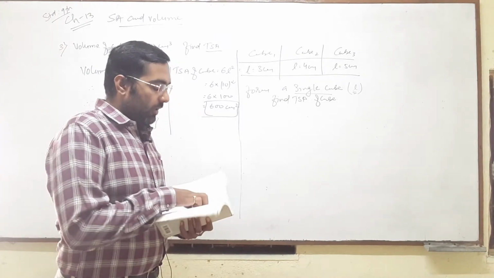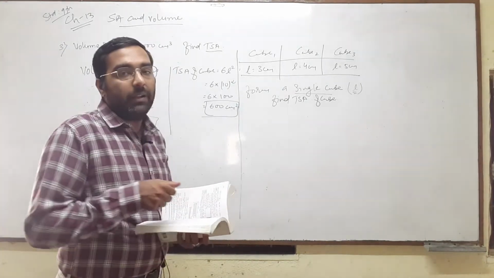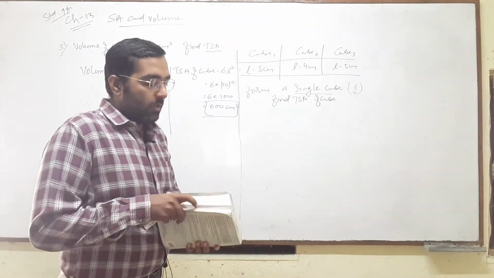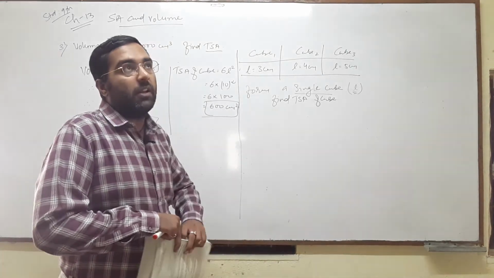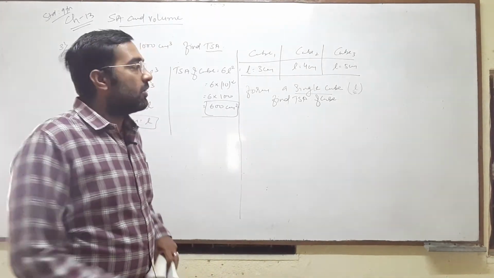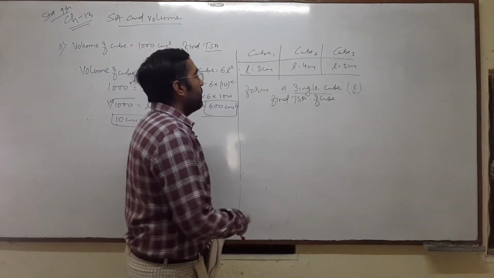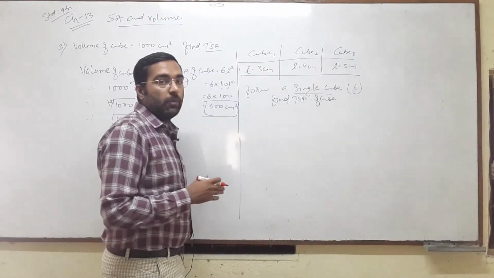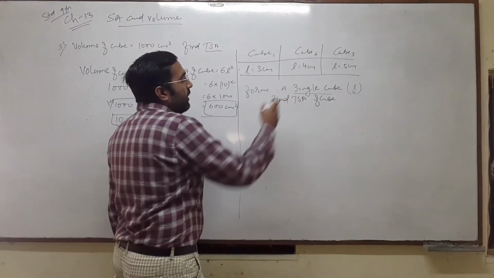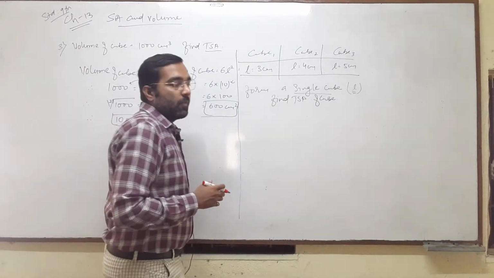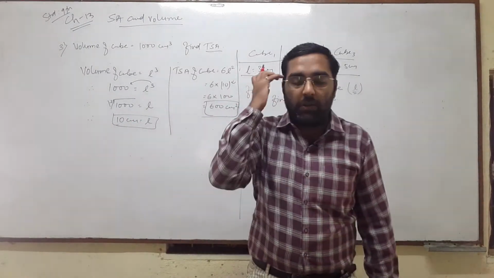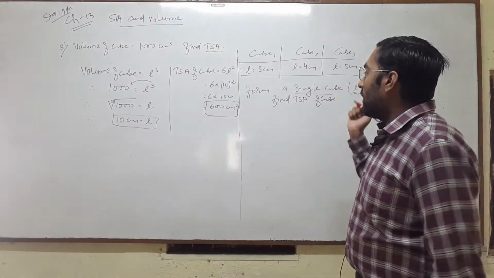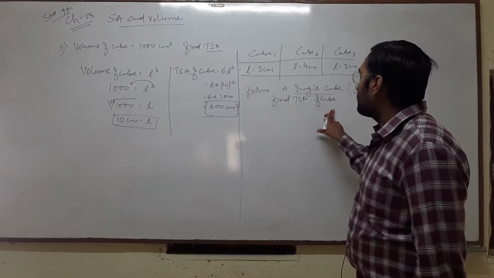Whenever any particular object is melted, its shape changes but its volume does not change. So I have to add volume of all of these 3 cubes to find length of the single cube. You know about that in science.